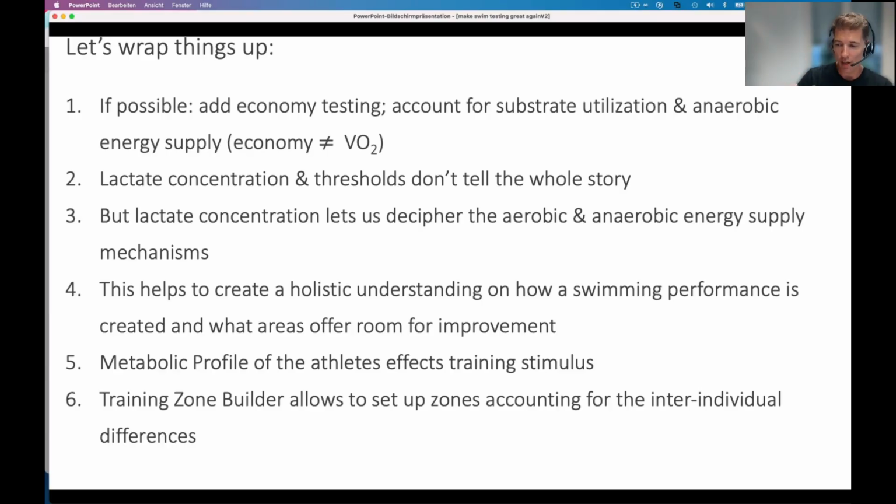So instead of, again, using an extrapolation from a speed or from a lactate concentration or from a threshold value, don't do that, because, think about it, a threshold sits at a different percentage of VO₂max. One athlete has this threshold at 80% VO₂max, the other one at 90, and the other one at 70.